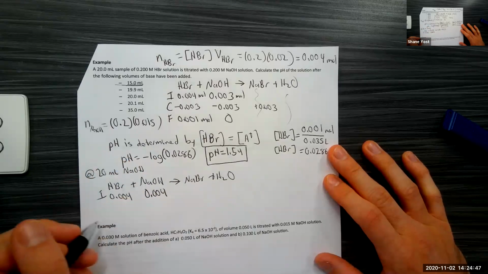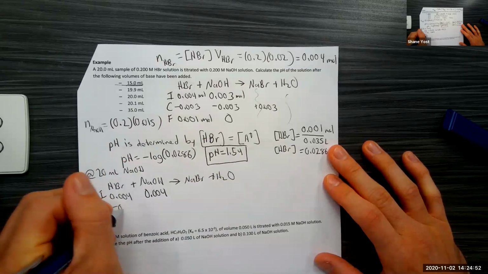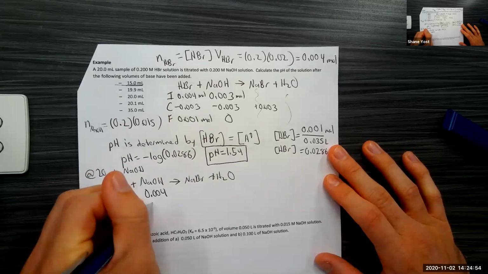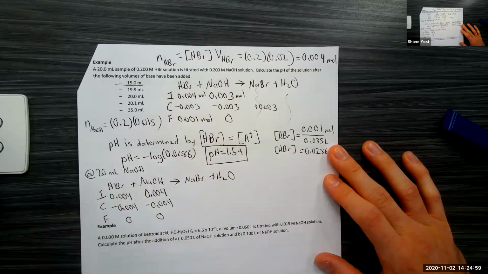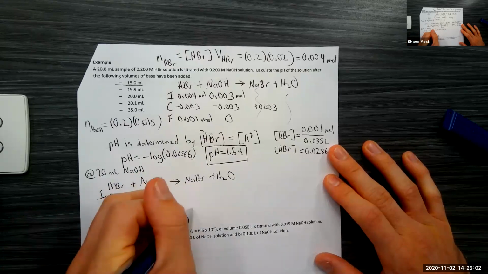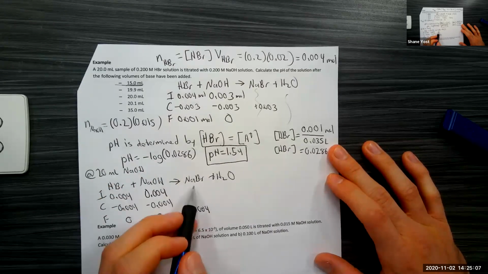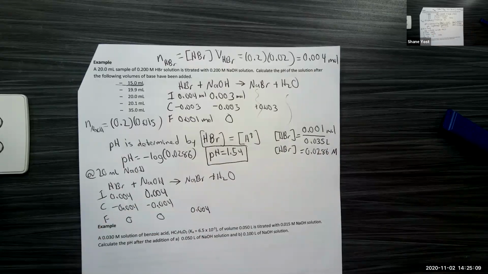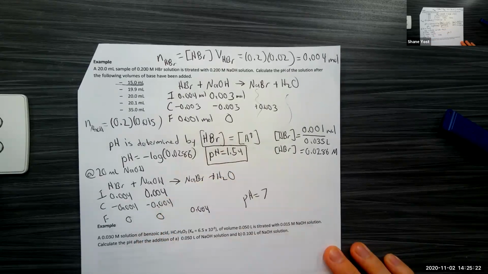So these have equal amounts, and both of them are going to drop and fully react by 0.004 moles, and at the end I'm going to be left with none of that. I'll be left with 0.004 moles of sodium bromide, which again is a neutral salt. And so at 20 milliliters, there's nothing in here that's affecting the pH. So it's just the pH of a neutral solution, so we have a pH equal to 7.